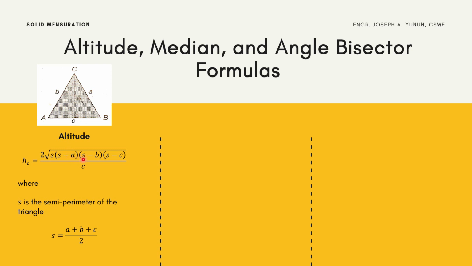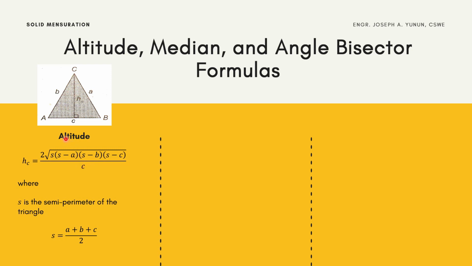The denominator should be the opposite side, where the line segment is drawn perpendicular to that corresponding side.